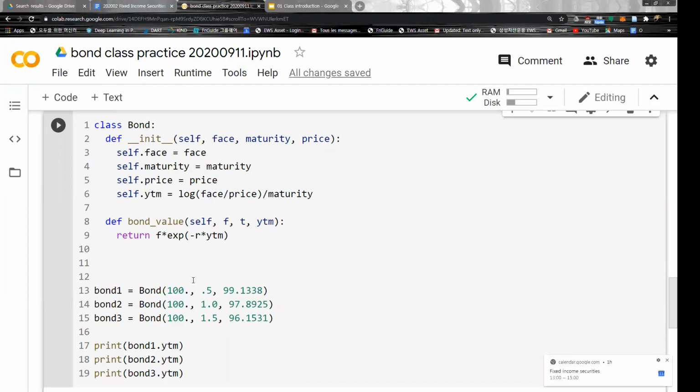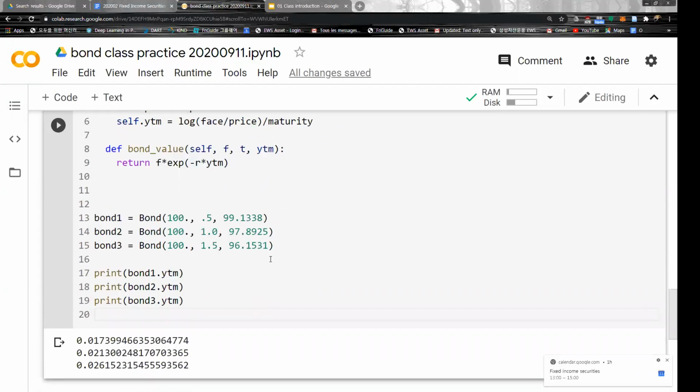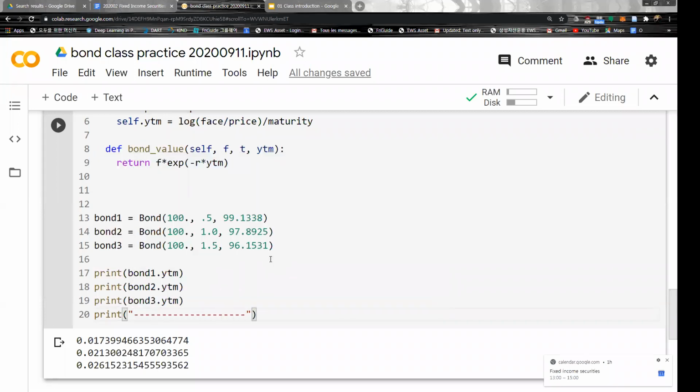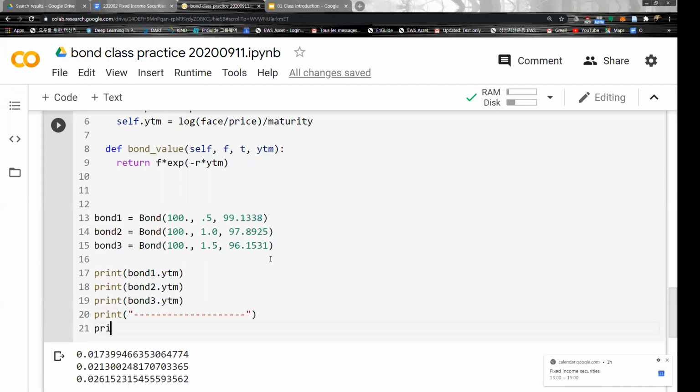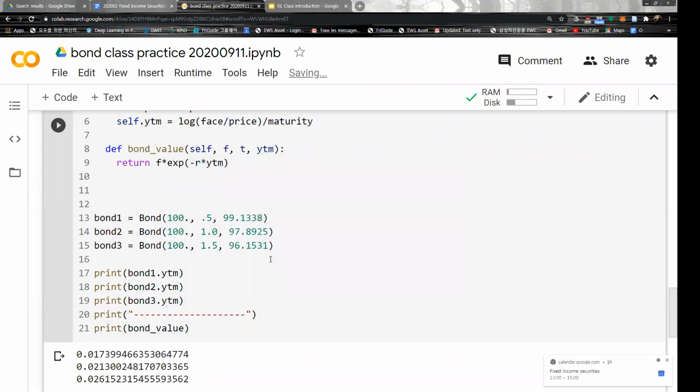So let's test it, whether it works or not. So here, print bond value, right? I want to calculate bond value of what?